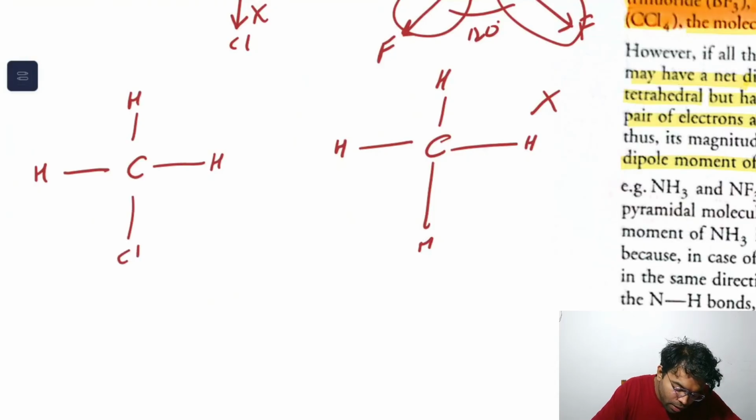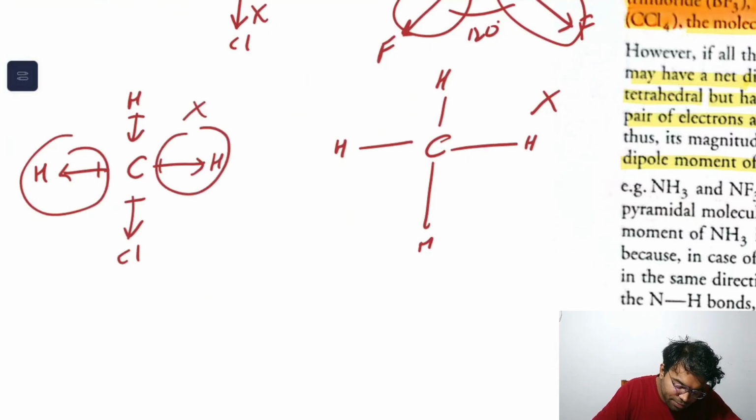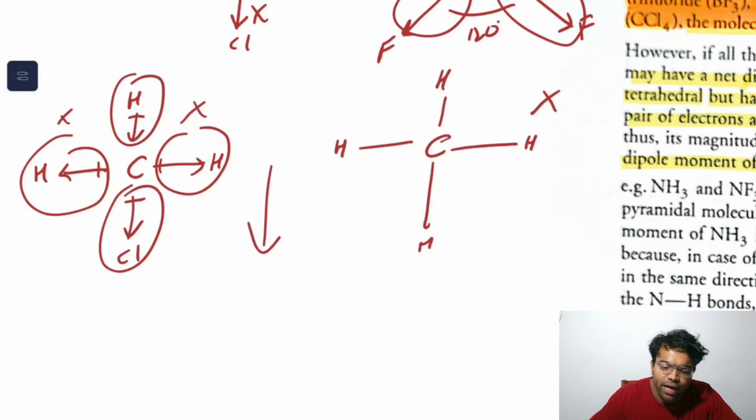Now, one of the hydrogen and the other is getting cancelled. But here what is happening? Chlorine is more electronegative compared to hydrogen, so the direction will be like this, and the direction will be like this. So these two got cancelled, but there is a net dipole in the downward direction.